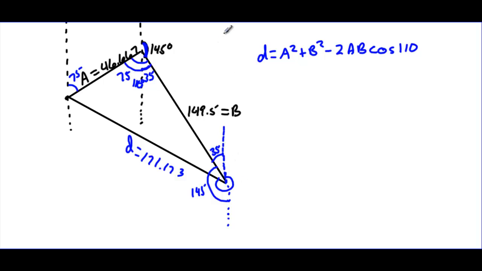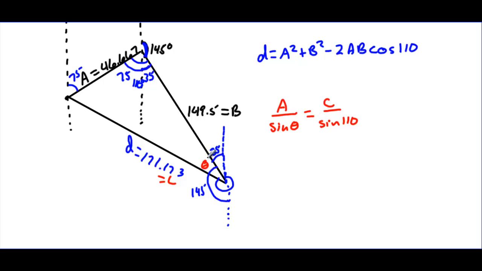Now, if I can get theta inside the triangle, I'm pretty sure I can find out what this angle is right here. So we have A over, that's the 46.667, A over the sine of theta, that's not a variable, we know what that value is, equals, let's see what else can we use. I think I put this in letter C, which will be C over the sine of 110.